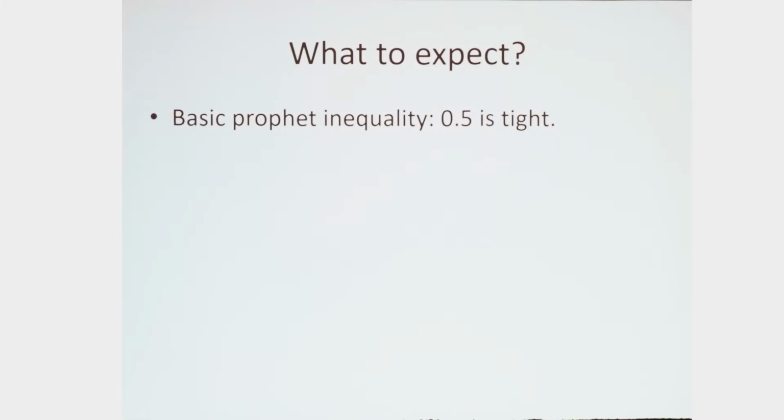Anyway, let's return to the profit inequality for matching. So what should we expect to get? We know that the basic profit inequality gives us 50% approximation to the profit, and this approximation is tight. It's really easy to translate this example to bipartite matching.